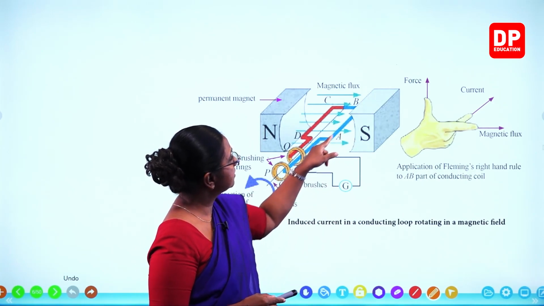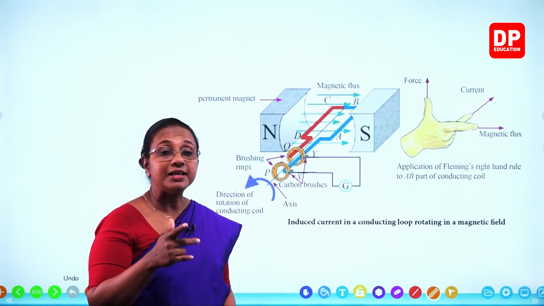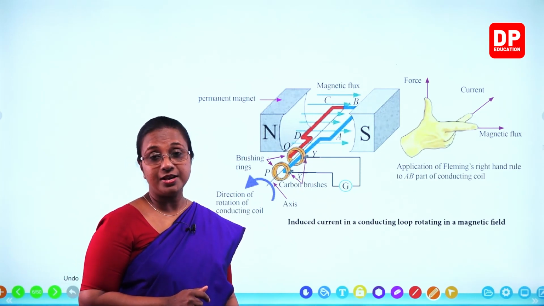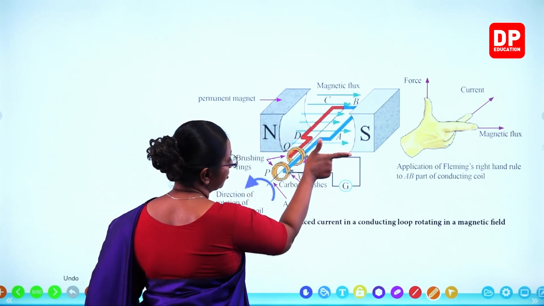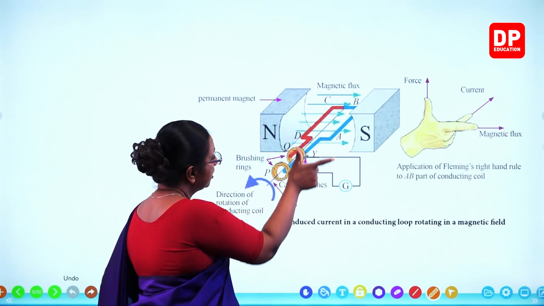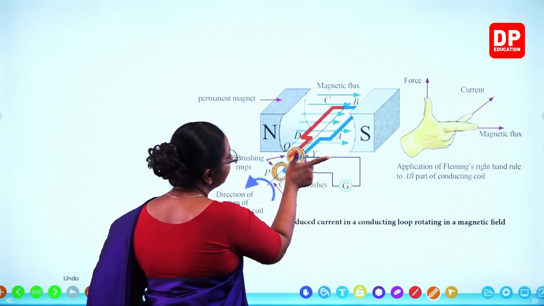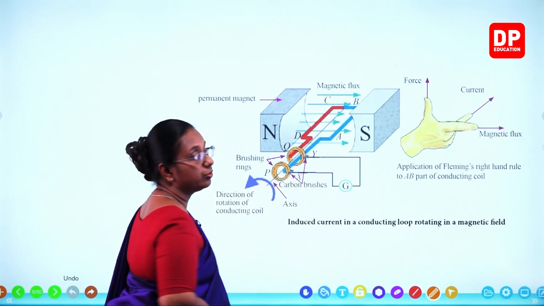So if we consider the side AB, if we apply Fleming's right hand rule, then you can see the magnetic field is from north to south this way. AB will move upwards, so the current will flow into the conductor AB, that is from A to B.